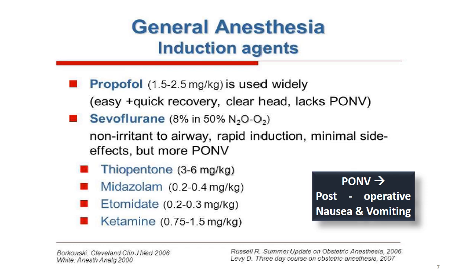It is mainly used due to its properties: it is non-irritant to the airway, gives rapid induction, and has minimal side effects. But it has more post-operative nausea and vomiting. Thiopental sodium is another one, then midazolam, etomidate, and ketamine.